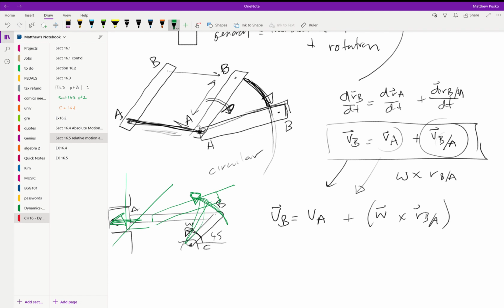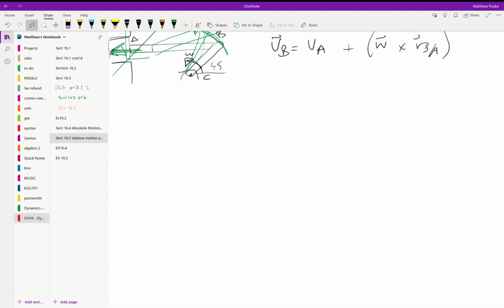And then another interesting one is looking at a wheel rotating on the ground. So we can say this is a fixed point. It's not moving at all. The velocity of A down here is equal to 0. We'll call B the center point.